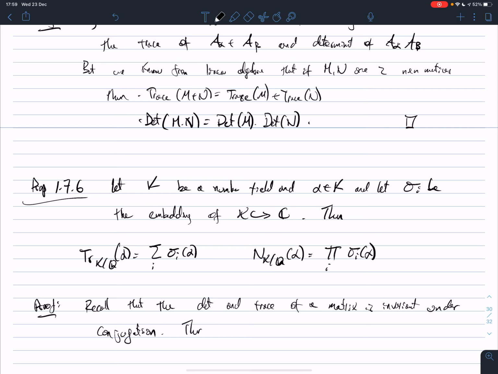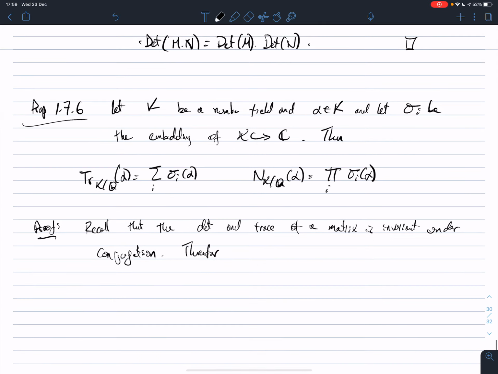Therefore, the trace K over Q of alpha is the same thing as, well, the definition is the trace of A alpha, which is the same thing as the trace of something like P to the minus 1 A alpha P. Similarly for the norm.